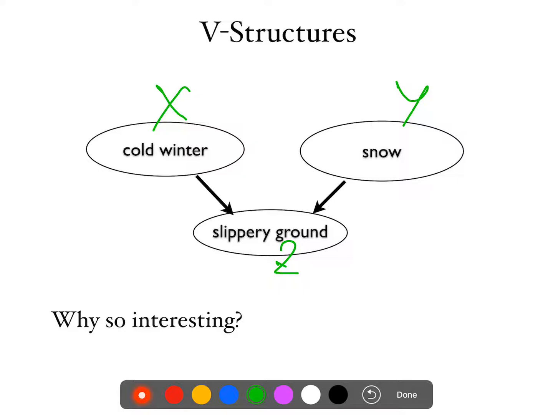This is very useful. Why? Because suppose you are given three variables, and if you assume causal sufficiency, then you can easily determine this structure from conditional independence relations in the data.